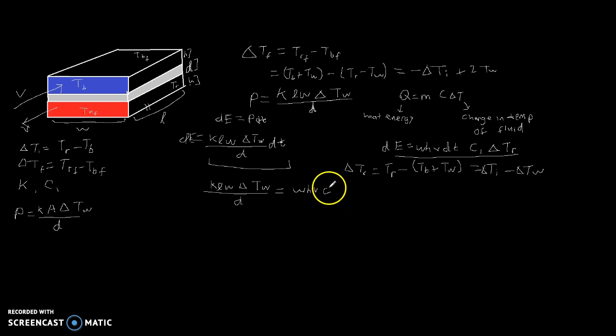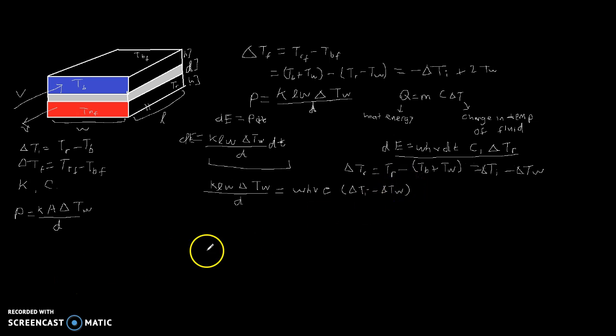And we'll leave it as C, because the problem does call it C. C times delta TR, which is delta TI minus delta TW.